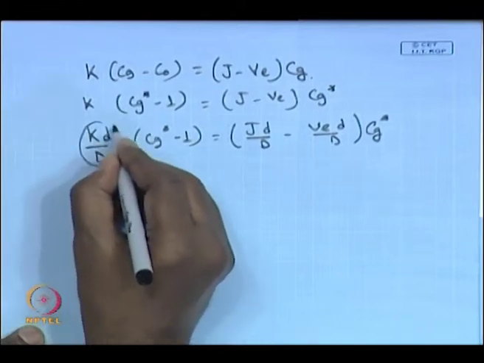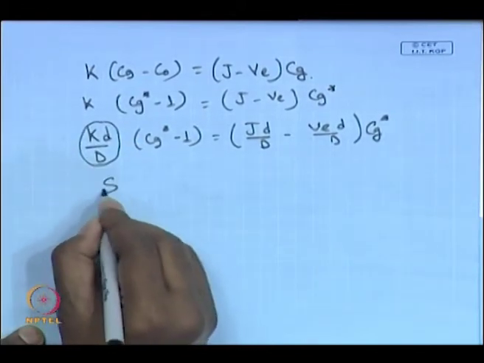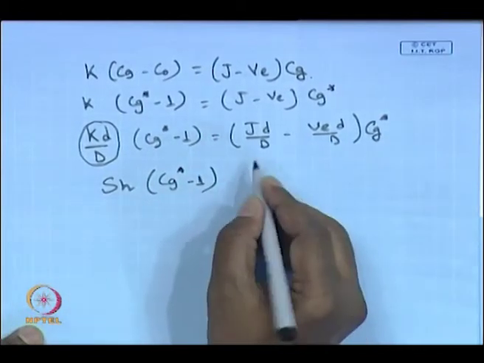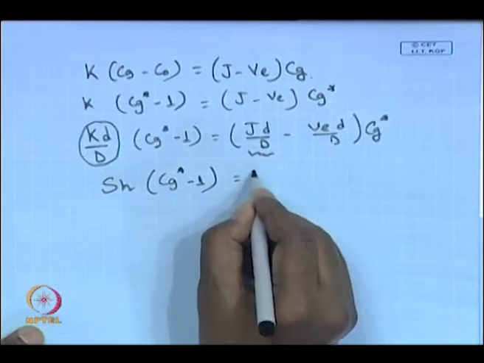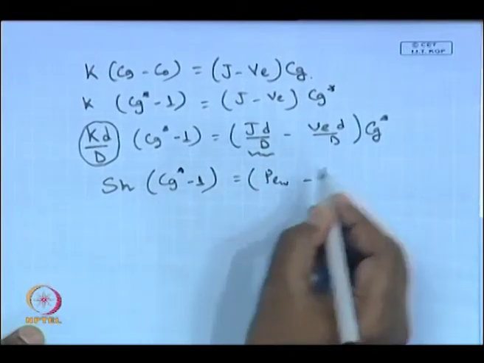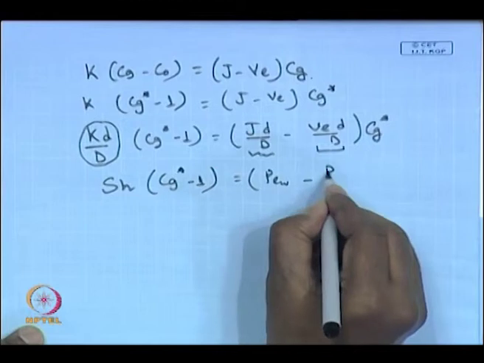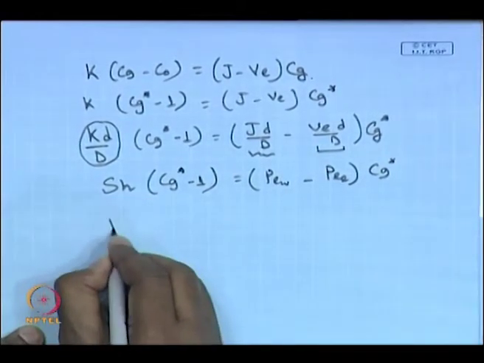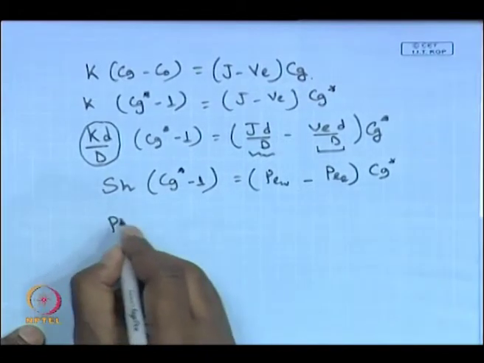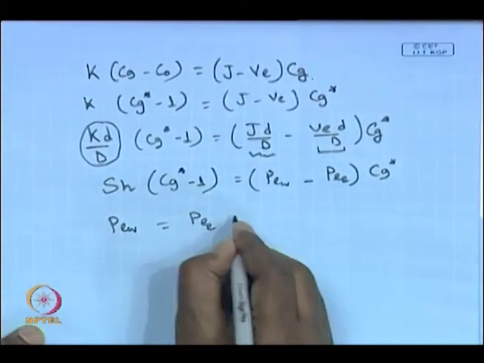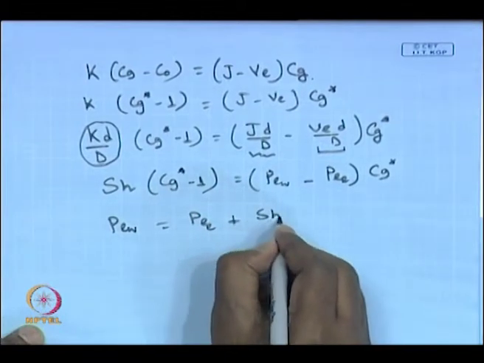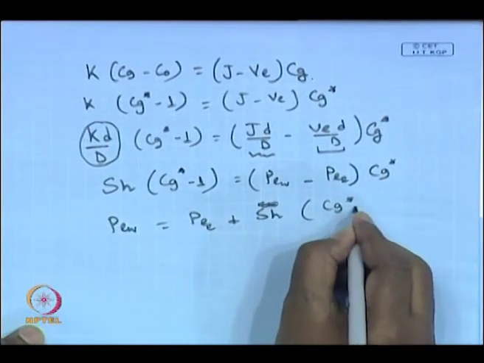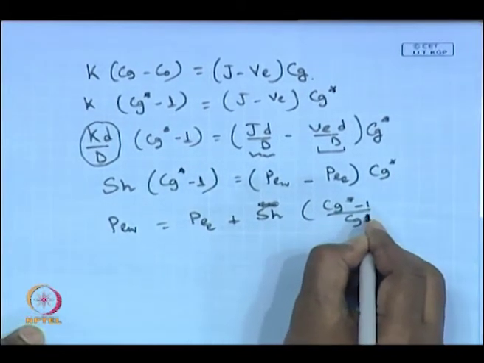What is the left-hand side? This is nothing but the Sherwood number. And this will be PEW minus PEE times Cg star. So, PEW is nothing but PEE plus Sherwood average multiplied by (Cg star minus 1) divided by Cg star.